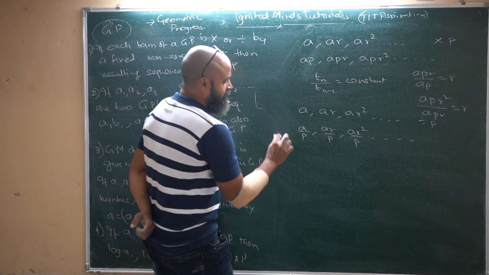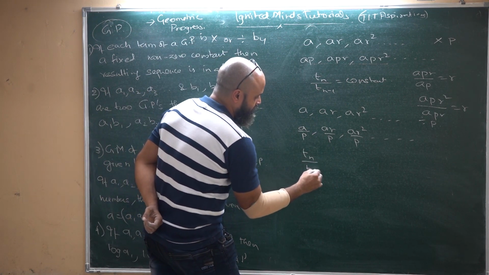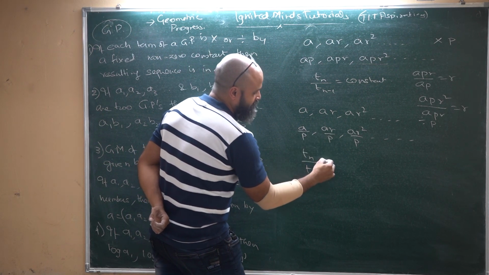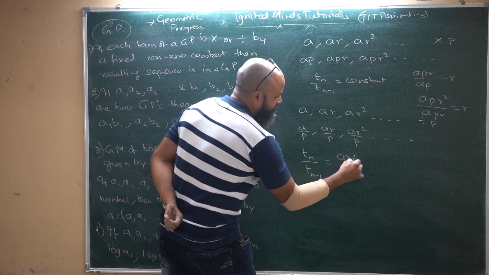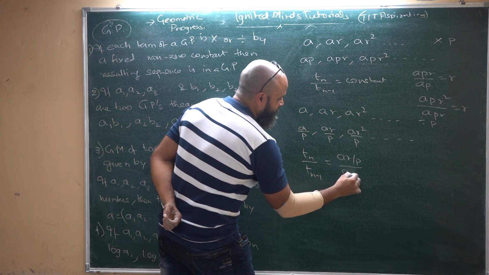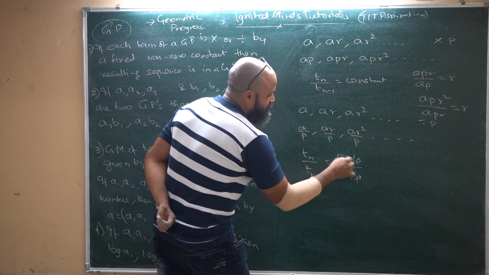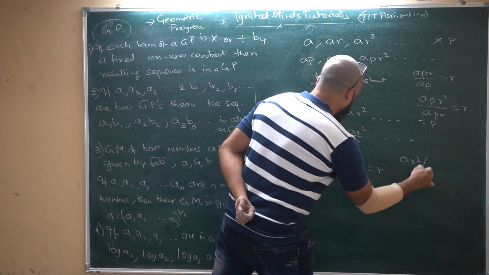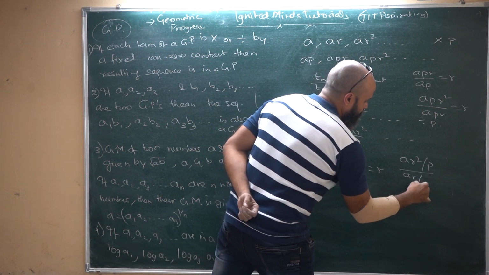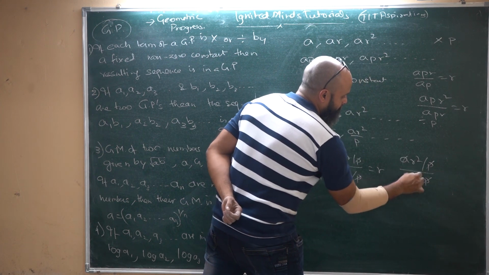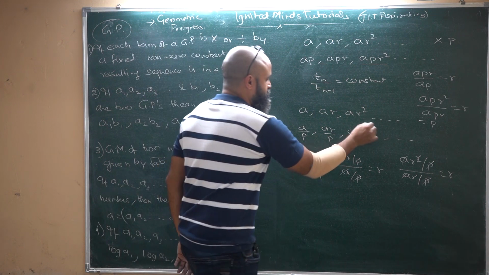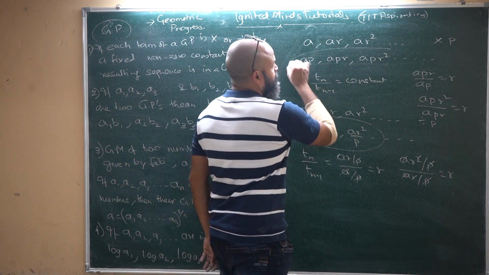Now if we happen to divide again Tn by Tn minus 1, the second term in a succession by the previous term, so we have here AR by p divided by A by p, obviously these two get cancelled and we have R. Again if we divide AR square by p by AR by p, these are going to get cancelled and again we will get the common ratio as R. So this again happens to be a GP.